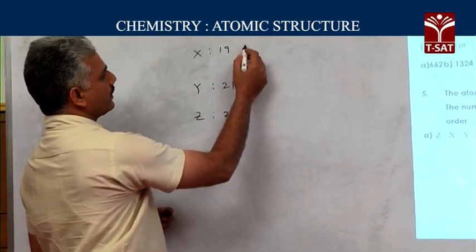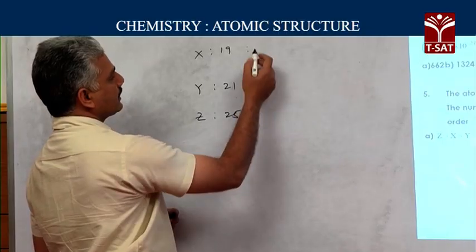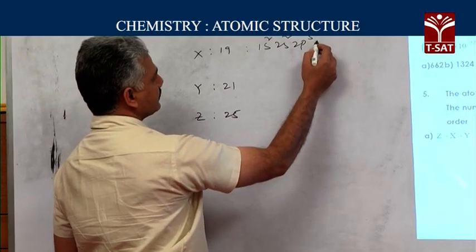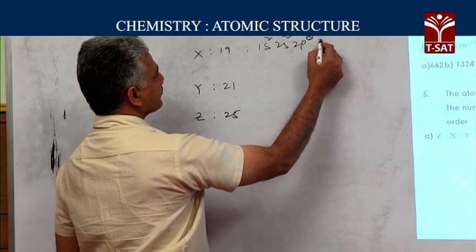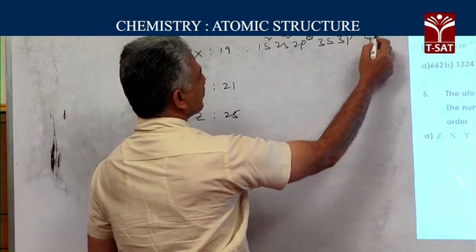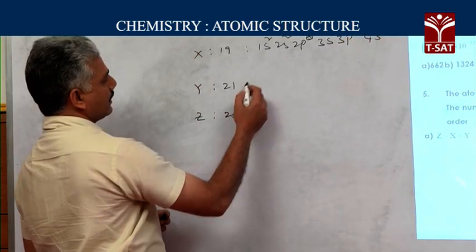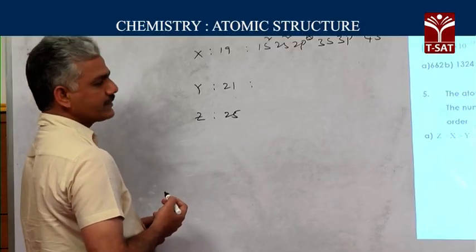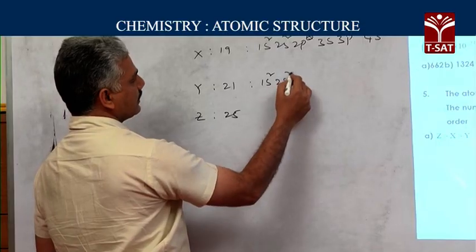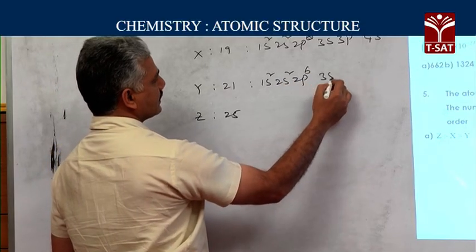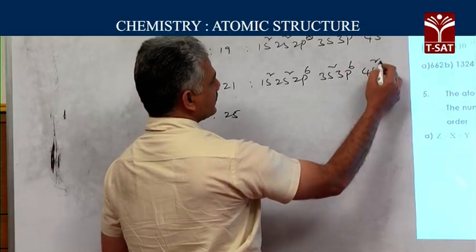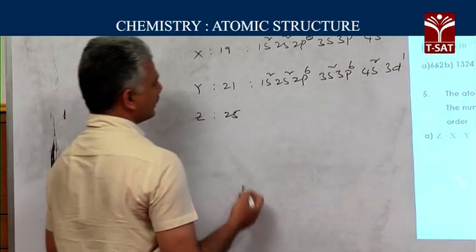25. So, for an element with atomic number 19, electronic configuration is 1s2, 2s2, 2p6, 3s2, 3p6, 4s1. For element with atomic number 21, electronic configuration is 1s2, 2s2, 2p6, 3s2, 3p6, 4s2, 3d1.